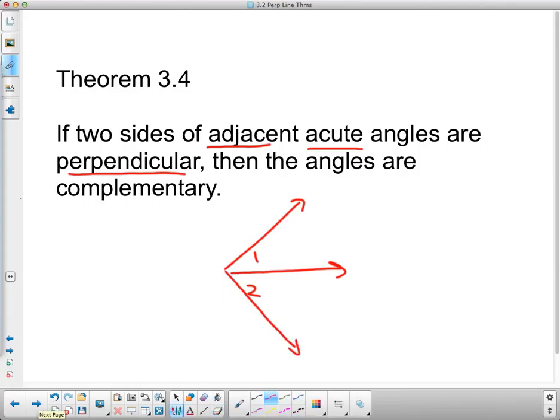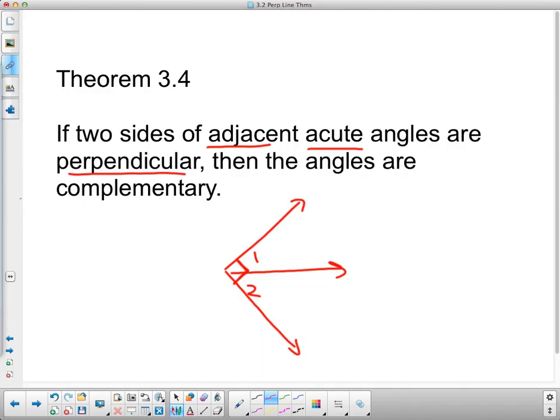They need to make a 90 degree angle. That's what they're describing in the picture. Those are adjacent, they're both acute, and the sides form a perpendicular. That's what the picture is. Now the conclusion says then the angles are complementary. Mitch, what's complementary mean?